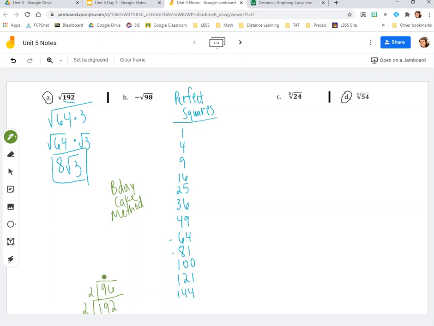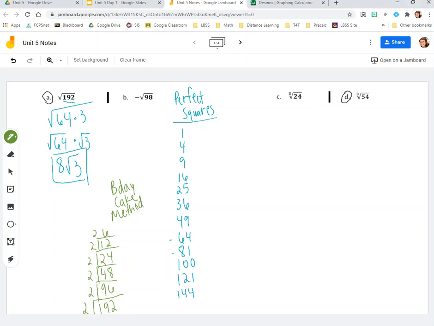If I divide 96 by 2, I get 48. And 2 seems to be working for me, so I'm going to keep dividing by 2. I get 24. Now I get 12. And now I get 6.